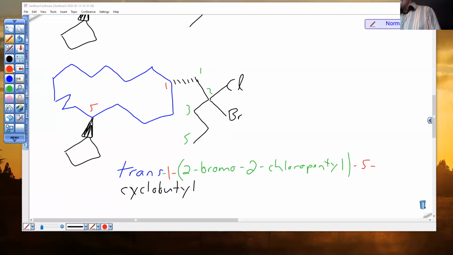How do you say a 15 carbon ring? Quite simply, you say cyclo, because it's a ring, and some prefix before decane that says 5. Cyclopentadecane.